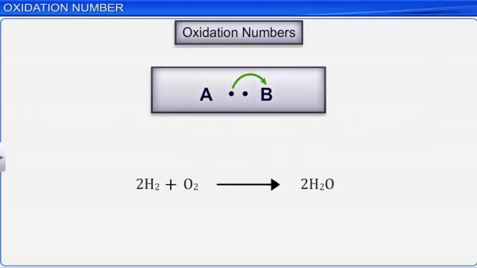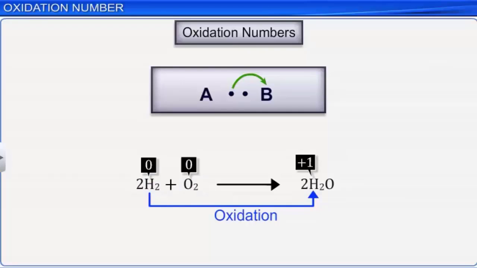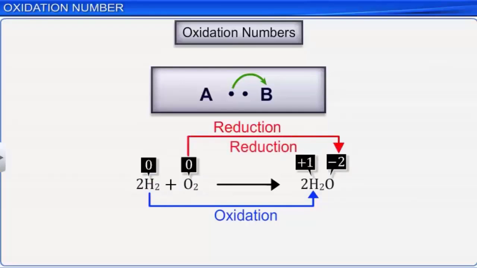For example, in the formation of a water molecule, it is assumed that there is electron transfer from hydrogen atom to oxygen atom, and hence hydrogen gets oxidized and oxygen gets reduced. Note that the electrons in a covalent bond don't really get transferred. It is only a hypothetical assumption made for the purpose of understanding redox equations.